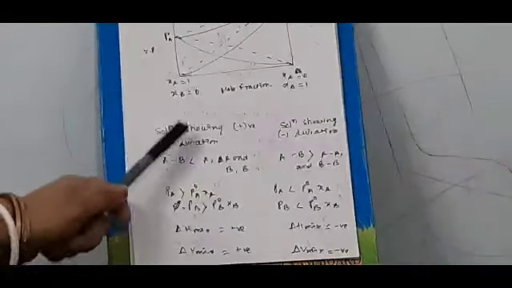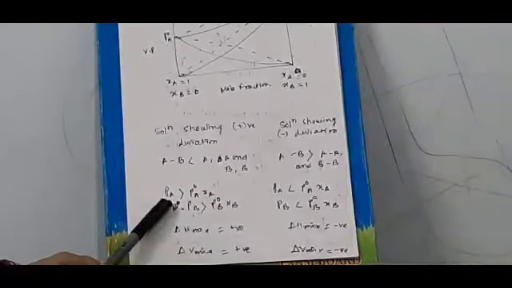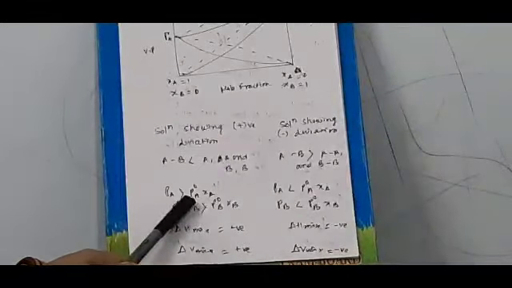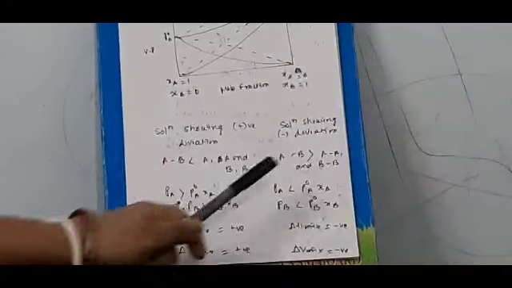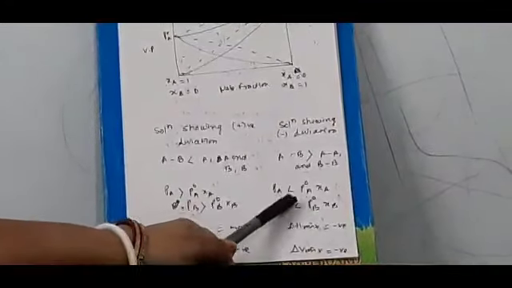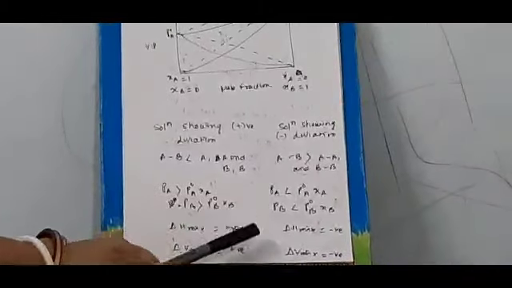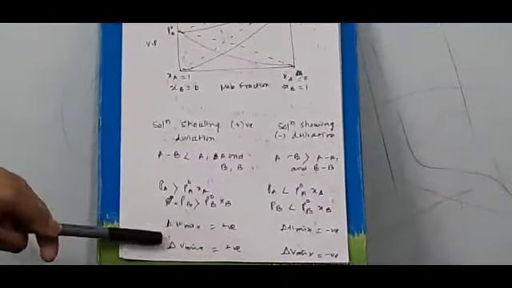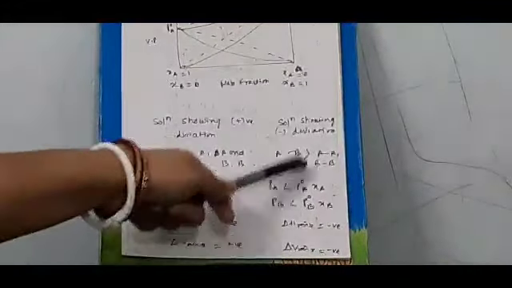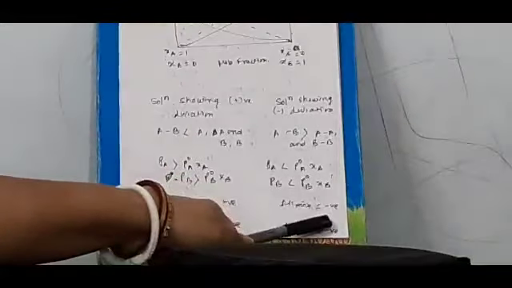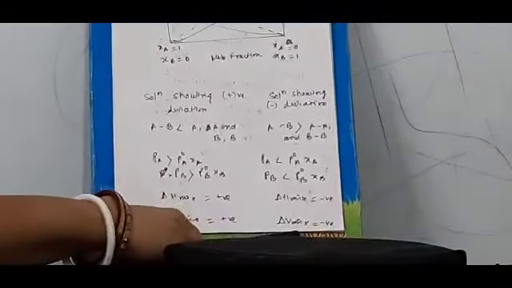So in case of positive deviation, partial pressure will be greater than the vapor pressure in the pure state, and here partial pressure will be lower than the vapor pressure in the pure state. In case of positive deviation, delta H mixing will be positive and delta V mixing also will be positive. In case of negative deviation, delta H and delta V will be negative.